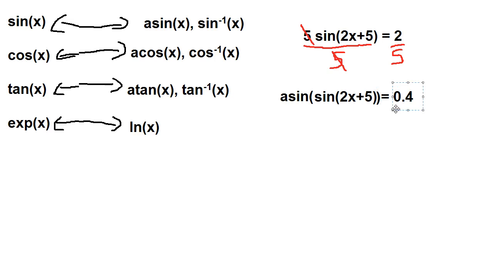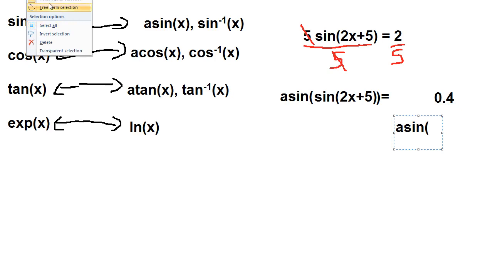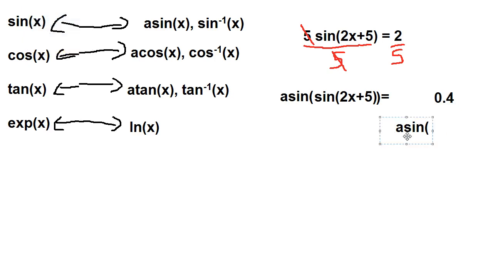And on the right-hand side, again, you're going to apply the inverse sine function. One second, let me space this out well, so that it contains everything that was originally on the left-hand side. Like so.